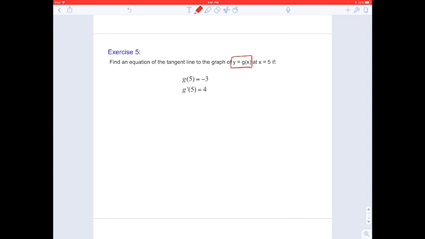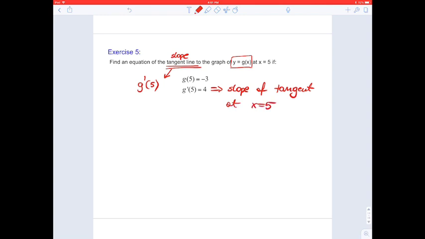And we know that the slope of the tangent line is simply the derivative. Actually, we do have the function g. The slope of the tangent line is the derivative at the given point. That means this is the slope of the tangent at the point 5, of course.